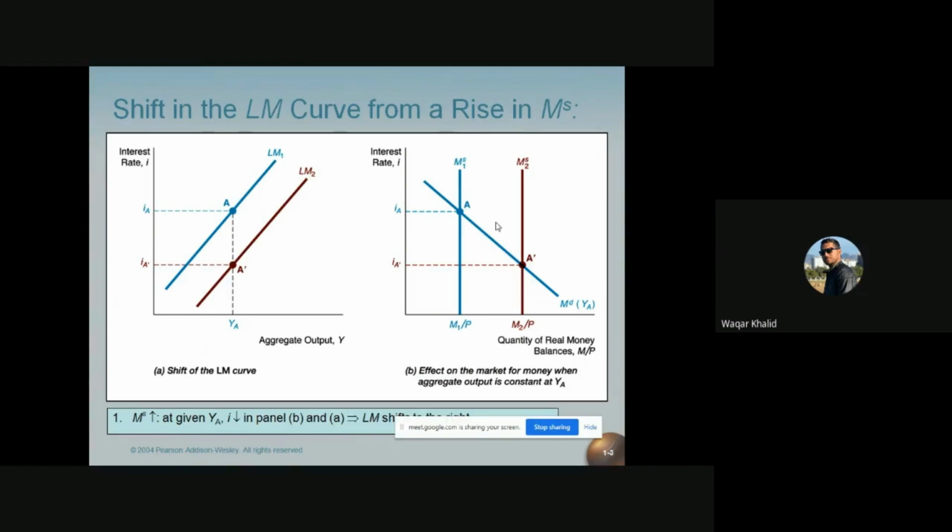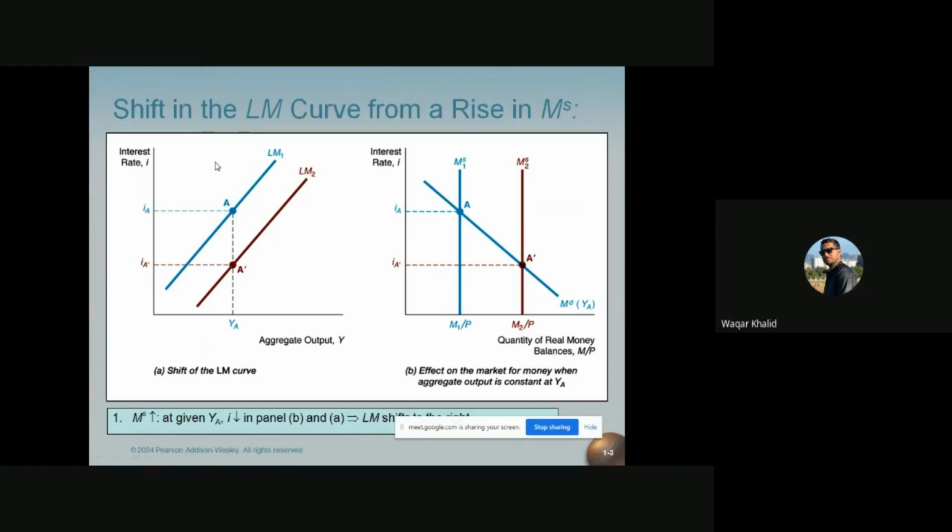Now, the rise in the quantity of money supplied shifts the LM curve to M2, MS2. If there is a rise in the money supply, the curve will shift from M1S to M2MS2, holding output constant at YA.